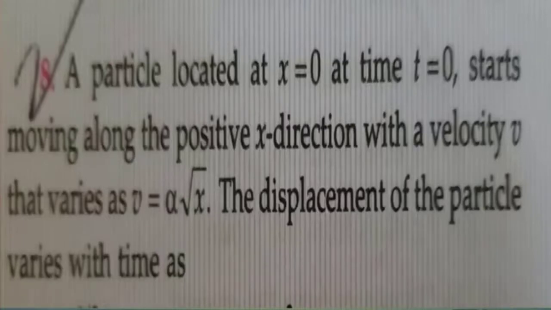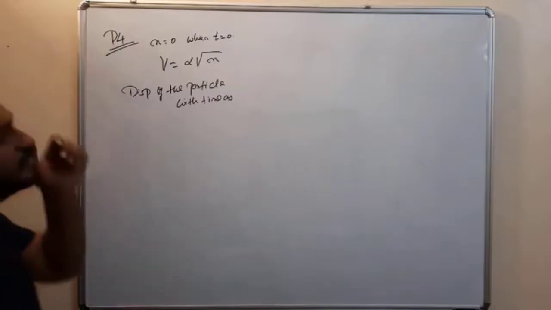So the next question. A particle located at x equal to 0 at time t equal to 0 starts moving along the positive x direction with a velocity v that varies as v is equal to alpha root x. Find the displacement of the particle with time. So, fourth problem.